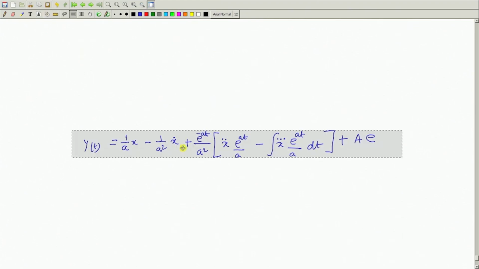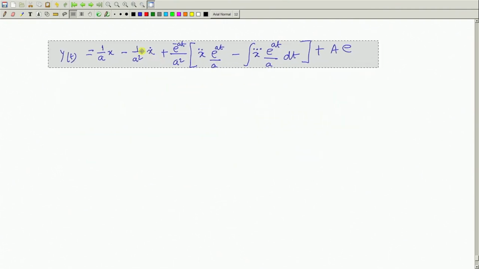Okay. So, this is the equation I last got. The only thing is that I forgot to copy this minus a t, it was there, other things are correct.